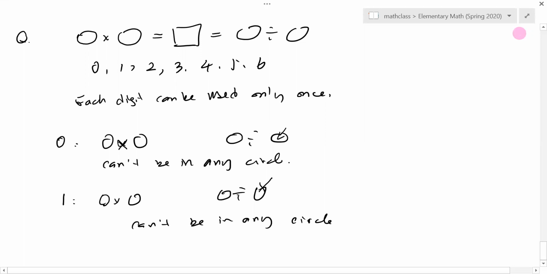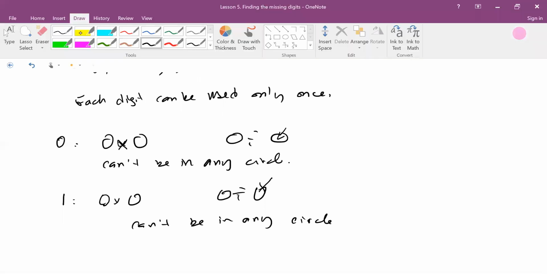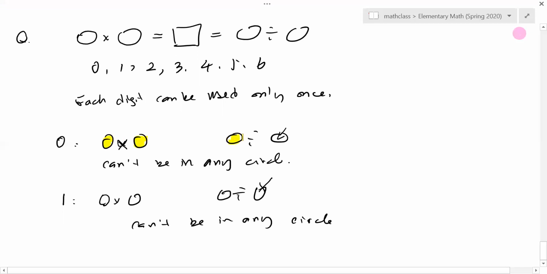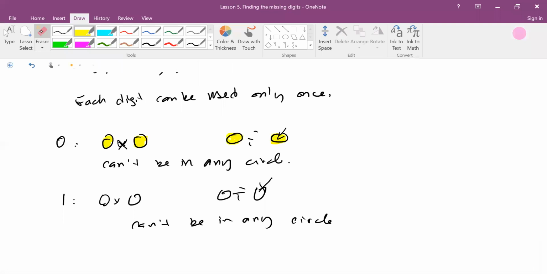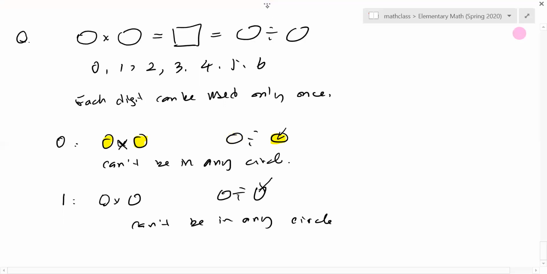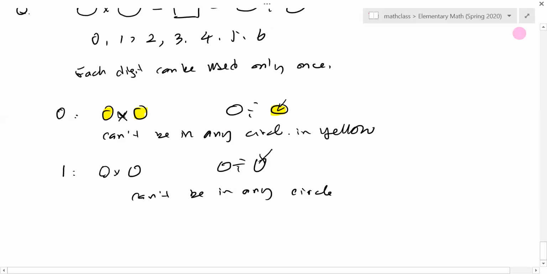It's possible in the squares, but for any of the circles in yellow, there is a limitation. 0 cannot be in any circle in the yellow color.